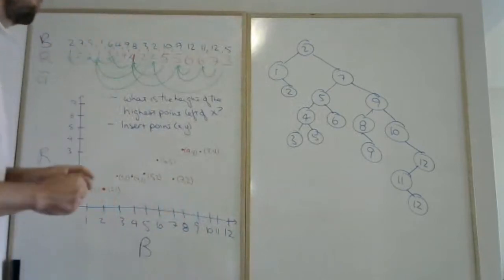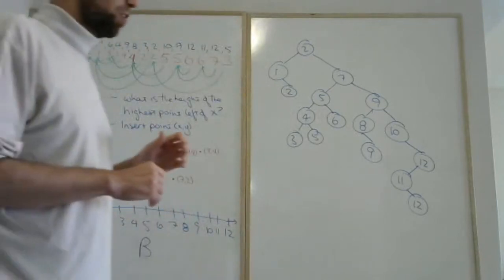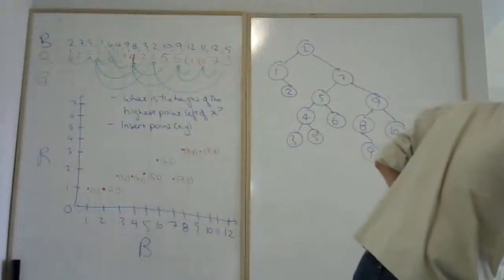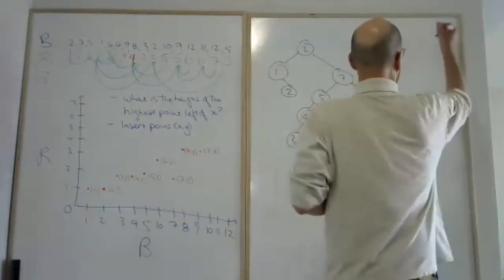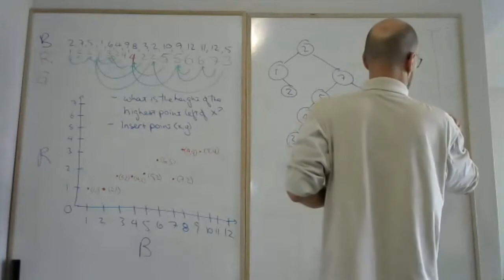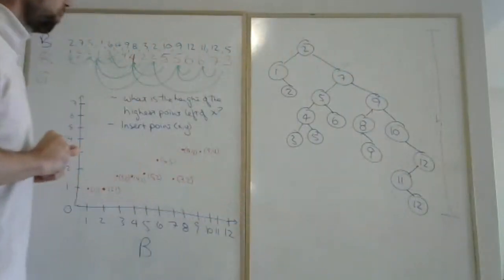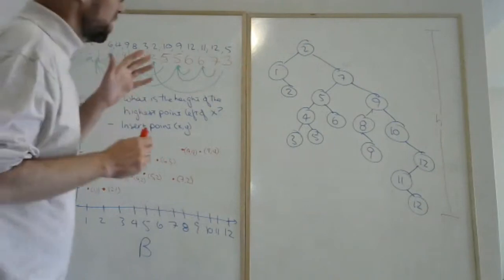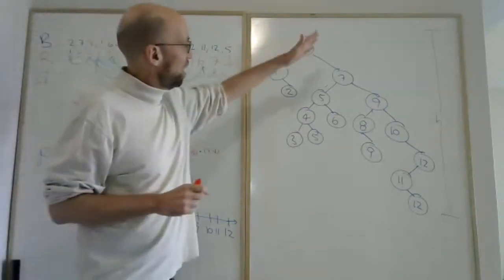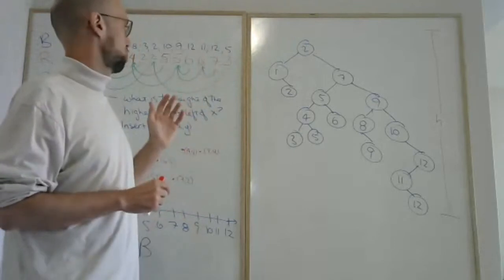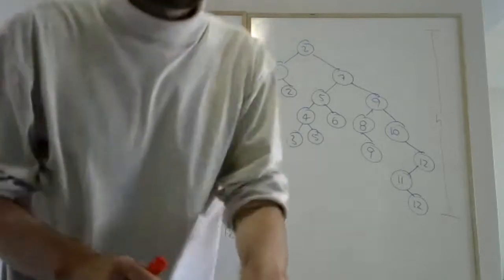Okay, so the cool thing about a binary search tree is, suppose this has height h. So I can actually, if I give you, pick a number like, okay.